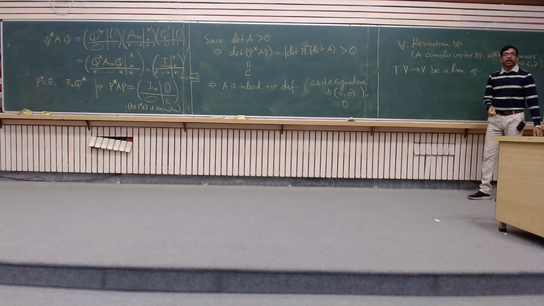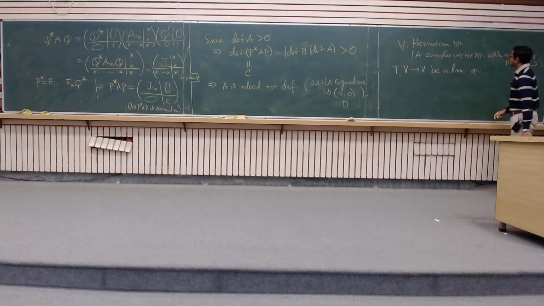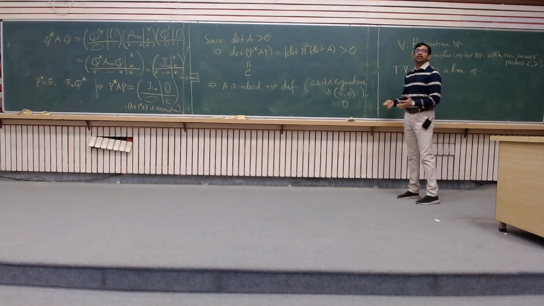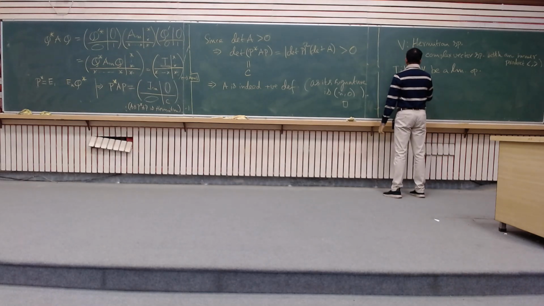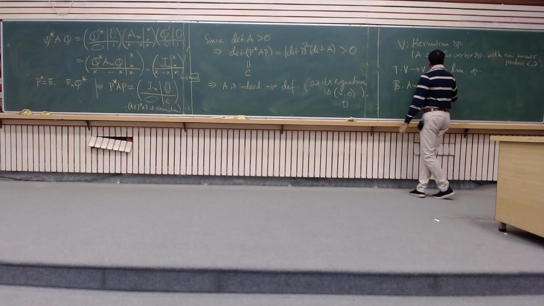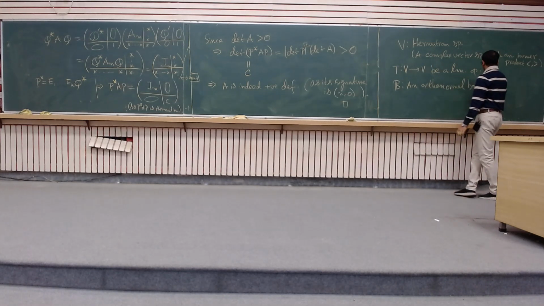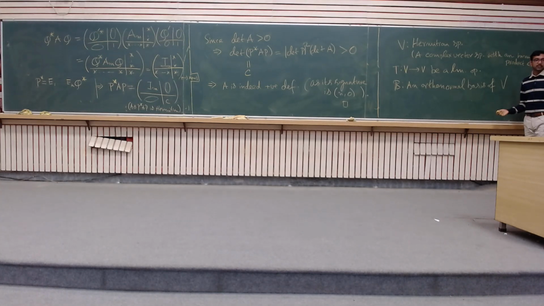If there exists such an inner product, I know that immediately we have an orthonormal basis of the vector space. So let B be an orthonormal basis of V. By Gram-Schmidt this exists.